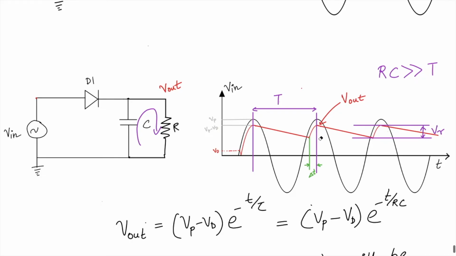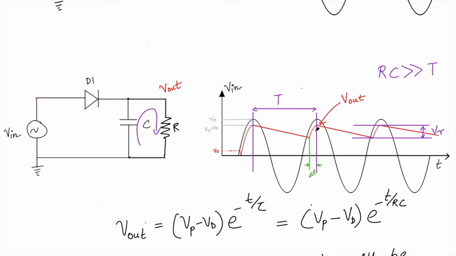So one may say that okay, I can increase the C very high and I can get almost flat output because it is not going to discharge, right? But this is also not possible. Why? Because there is a limitation.